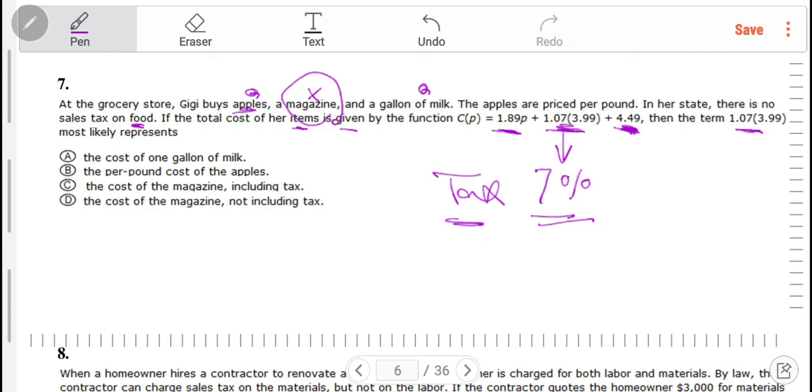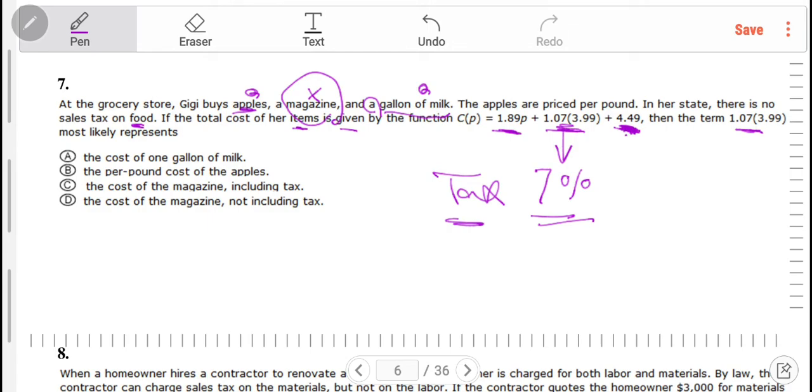Because apples are in pounds, 1.89 is the price of 1 pound of apples multiplied by the letter related to the word apple. 4.49 without any label, because it's just 1 gallon of milk.